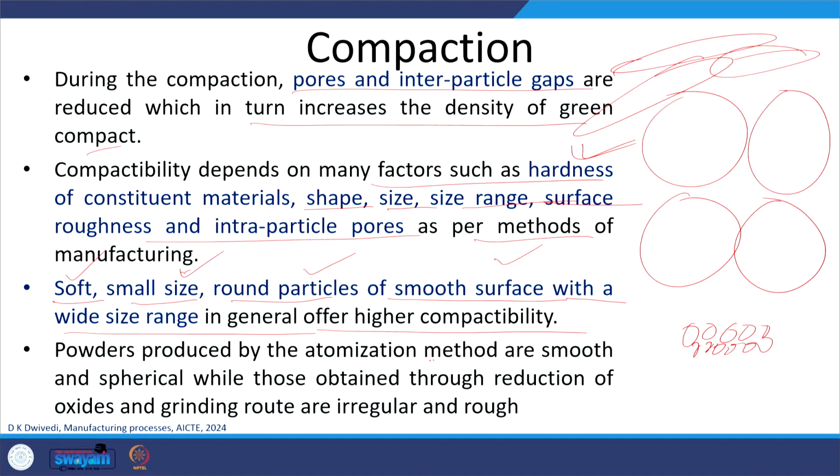Powders produced by atomization methods are smooth and spherical as compared to those obtained through the reduction of oxides and grinding followed by grading route, which are irregular and rough. Here the next step is sintering.